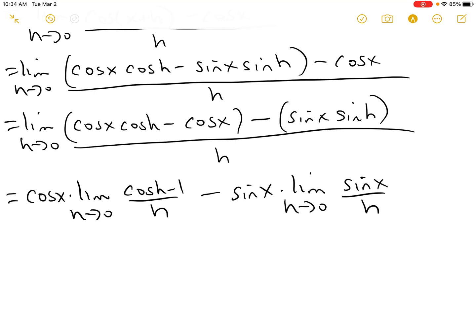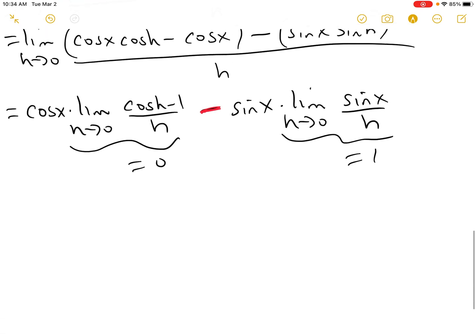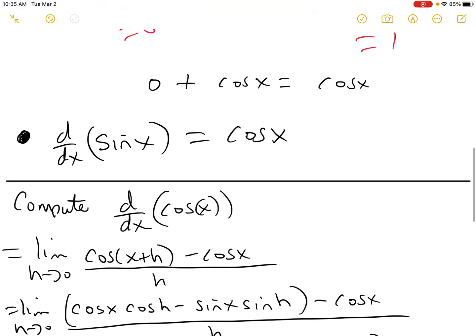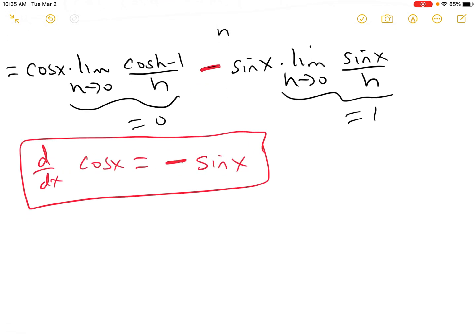Like that. And from above, that equals 0. And from above, that equals 1. And this negative is very important here, because now the derivative of cosine is minus sine. In a perfect world, it would be the derivative of sine is cosine and the derivative of cosine is sine, but it's not quite. The derivative of sine is cosine, derivative of cosine is minus sine.